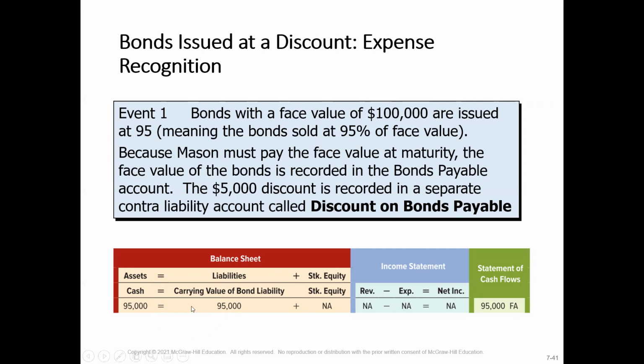Technically, you would have an increase to bonds payable. You would have a negative balance in an account called discount on bonds payable, which would be $5,000. And that account would be adjusted as the interest payments are made. And then statement of cash flows, you'd have a $95,000 inflow from financing activities.